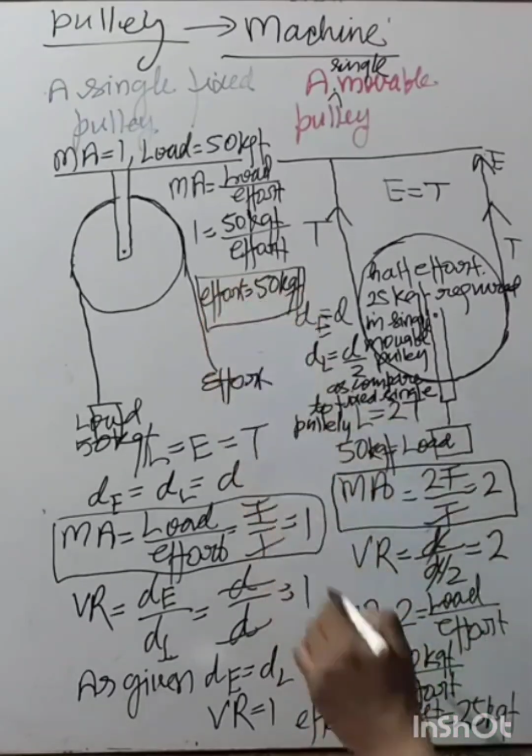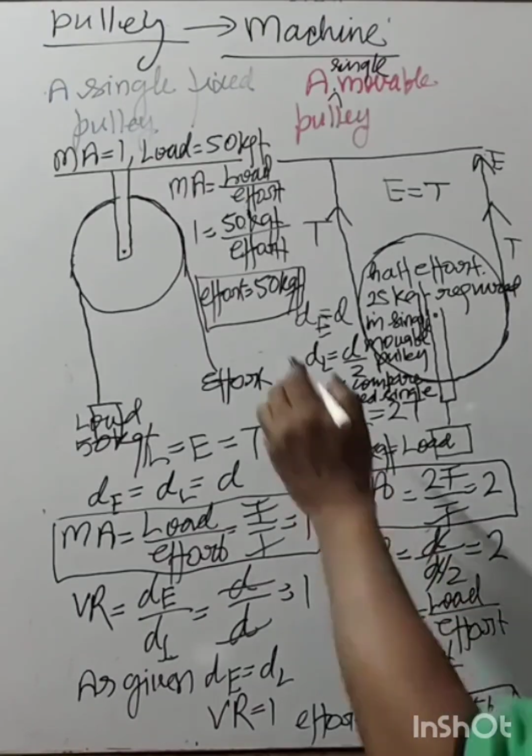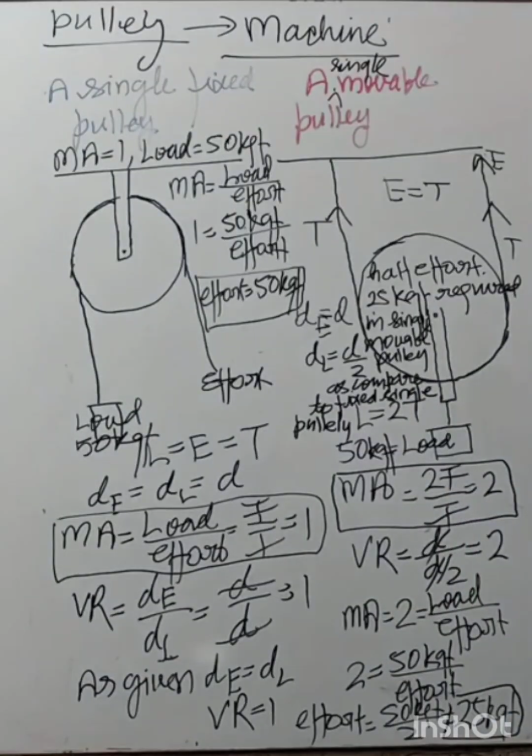Here it is 25 kgf, here it is 50 kgf, so half less effort is required, right? This is the answer of the question we have.